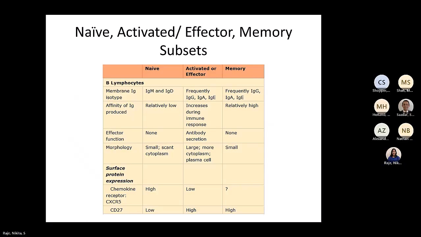All right, so CXCR5 positive are naive B cells. They are IgM and IgD positive, and your memory cells may be memory cells which are IgM positive and CD27 positive, or they may have class switched and are CD27 positive and IgG, A or E positive, which means they are IgM negative. Those cells that are CD27 positive B cells that are IgM, IgD negative are your class switched memory B cells.